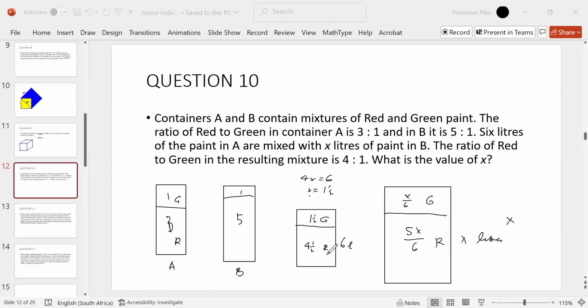Now you're putting that 6 liters and all this, and you're making one big potpourri of this, which is a rather messy business. And the question is now, I'm going to just put it in there. Let me see how much of green and how much of red there is in this mixture, right?